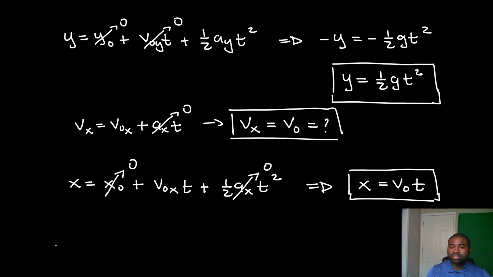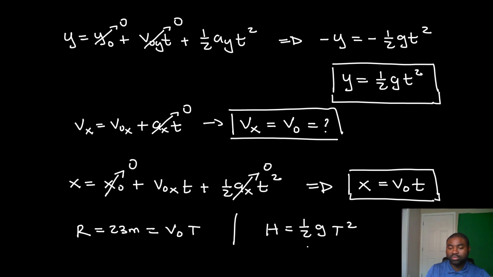Now, the next thing would be for us to calculate the time, because we know that the range r, which is 23 meters, is equal to V naught t, where T is the total time. We don't know T, but we are looking for V naught. Similarly, we know that the height h is going to be equal to 1 half g capital T squared.